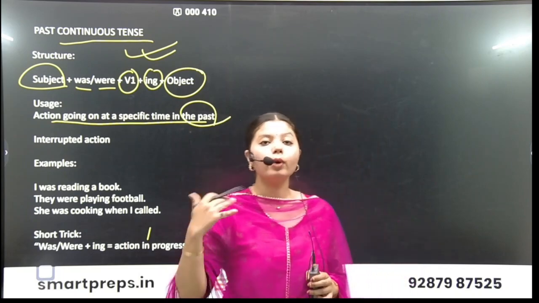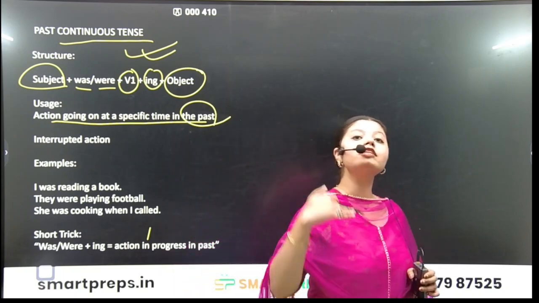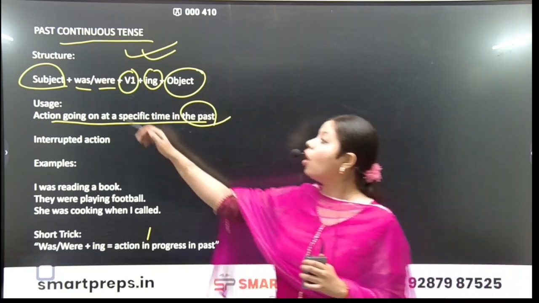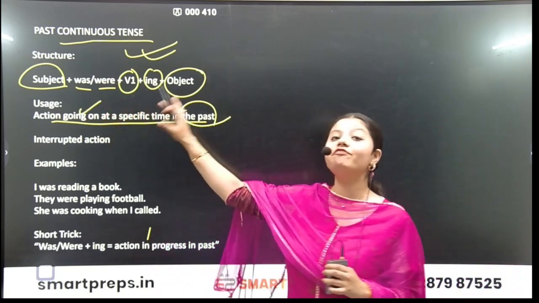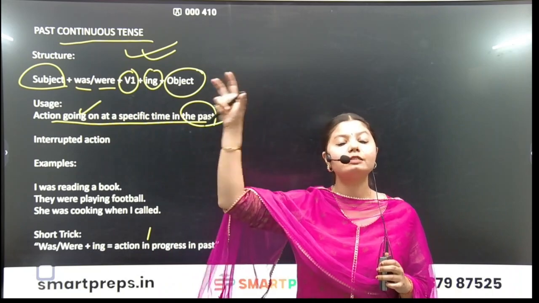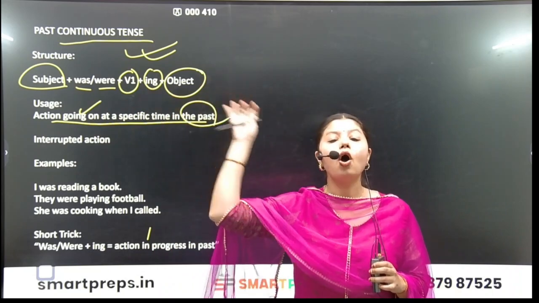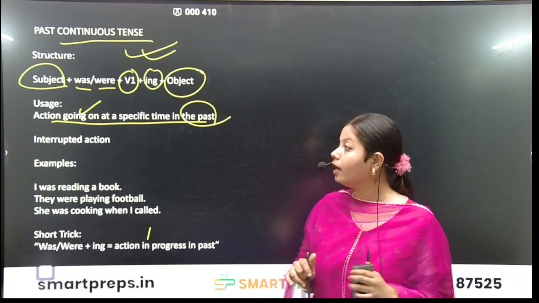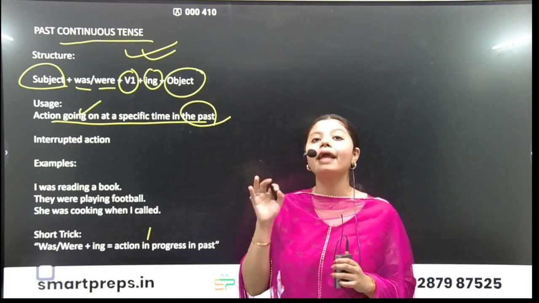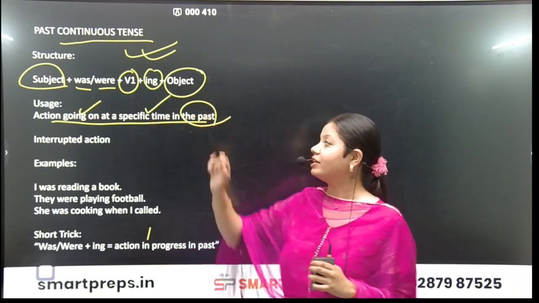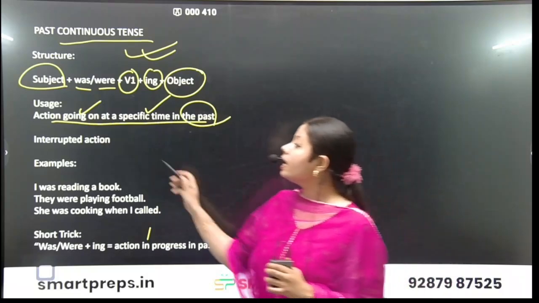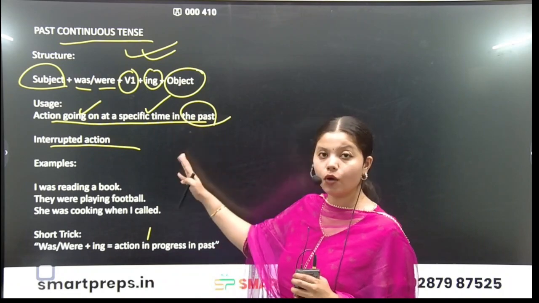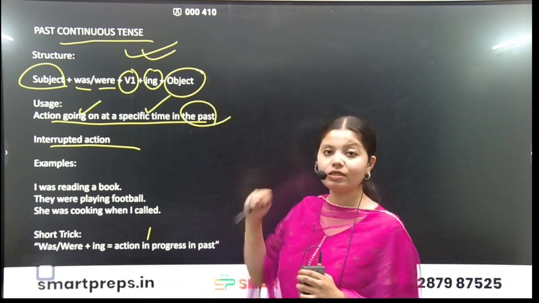We are talking about actions that have taken place in the past, but that action is going on at a specific time. So we will be talking about a specific time in the past in which the action was going on, where the action was going on at that particular specific time. So interrupted action. Usages are mentioned here where past continuous tense can be used.